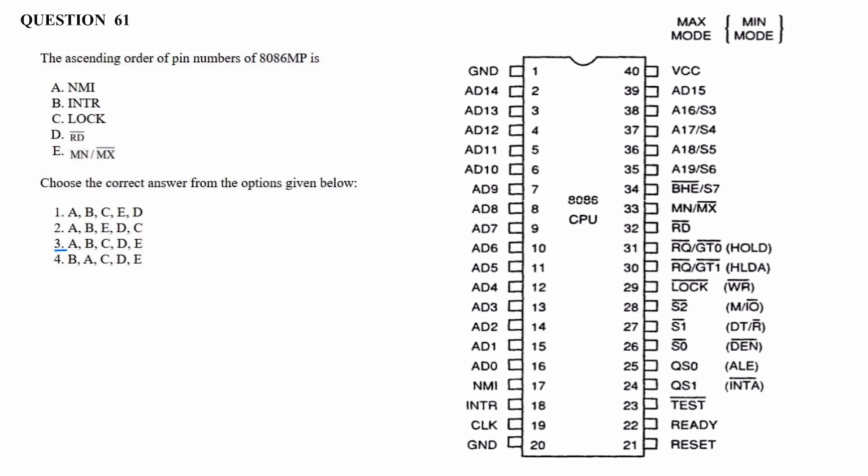Here NMI pin number is 17, INTR is 18, LOCK is 29, RD bar is 32, MN/MX bar is 33.